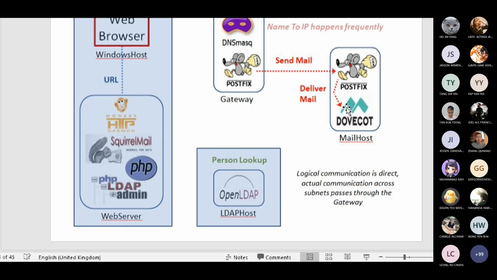We use a separate app called Dovecot, just because it has some really nice features that Postfix doesn't have. Postfix is optimized for the mail transport agent role, and Dovecot is specialized for mail delivery and maintaining mailboxes. So that makes a very powerful combination.